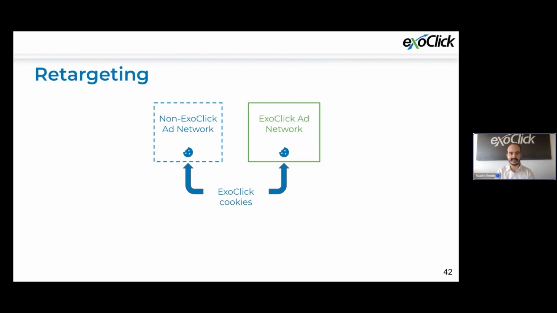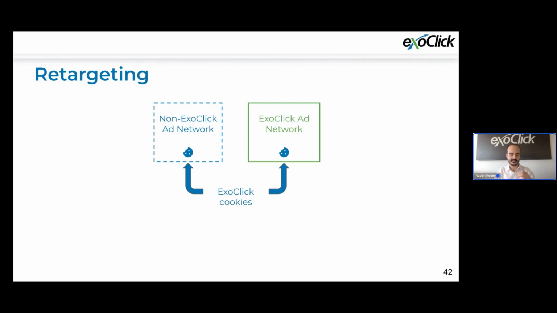The moment that user sees an advertisement that belongs to ExoClick, but you have set up negative retargeting, even if that user has never seen an ExoClick ad before, as long as it has ExoClick's goals cookie, the cookie that is generated through pixel tracking, then you can do negative retargeting with them. Or the other way around.